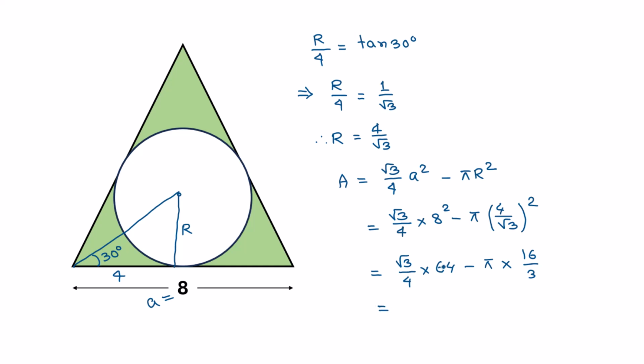So it is equal to 64 divided by 4, which is 16 times square root of 3, minus pi times 16 divided by 3, and the approximate value of it we will get is 10.96 square units. And this is the solution of our given problem.